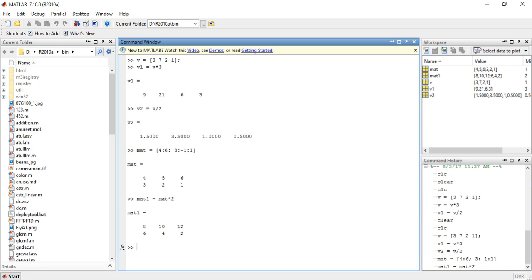Array operations are operations that are performed on vectors or matrices term by term, or element by element. This means that the two arrays must be the same size to begin with.